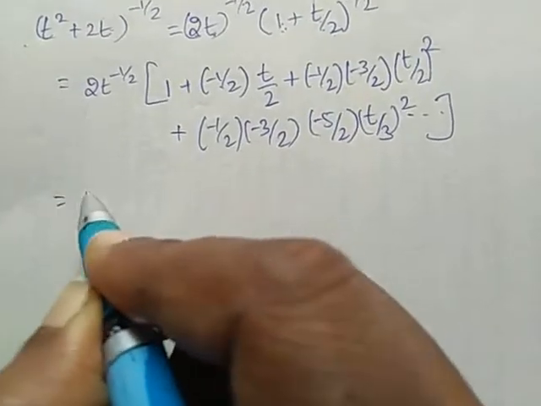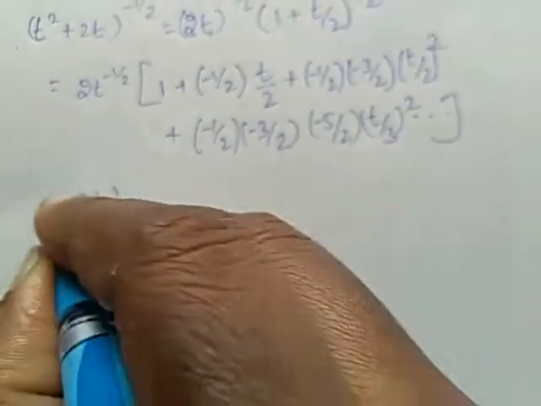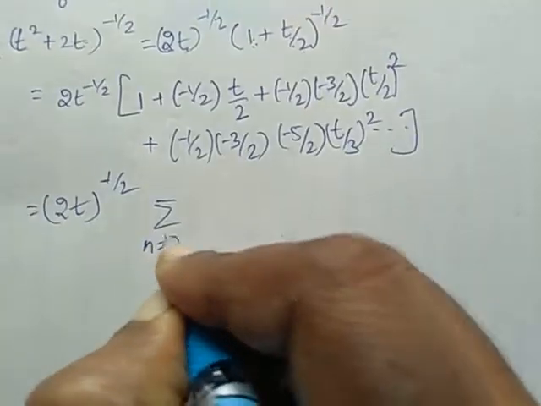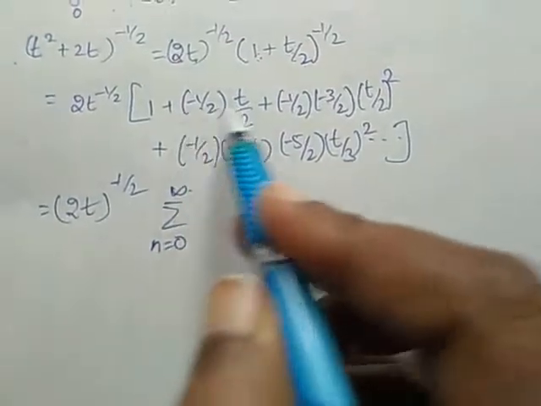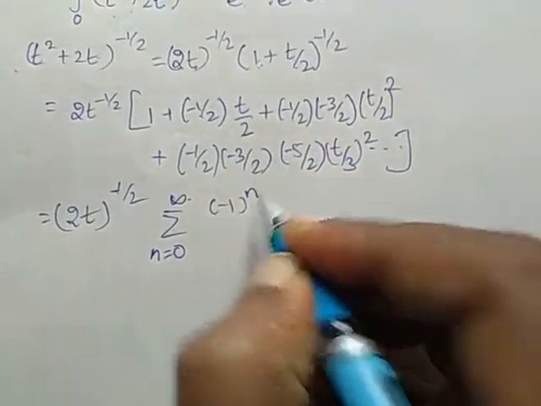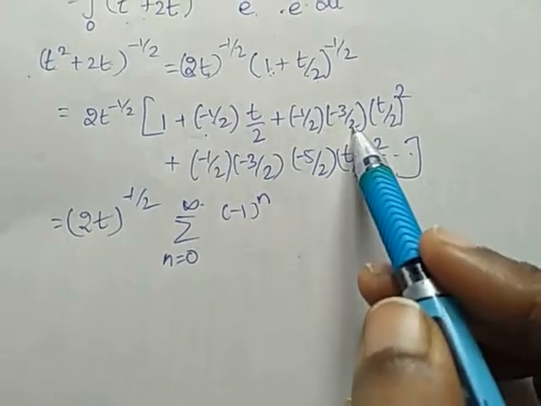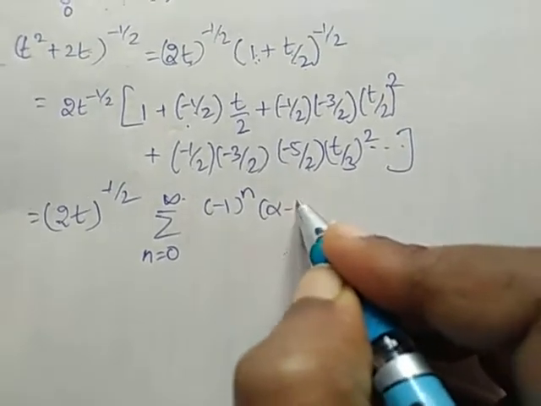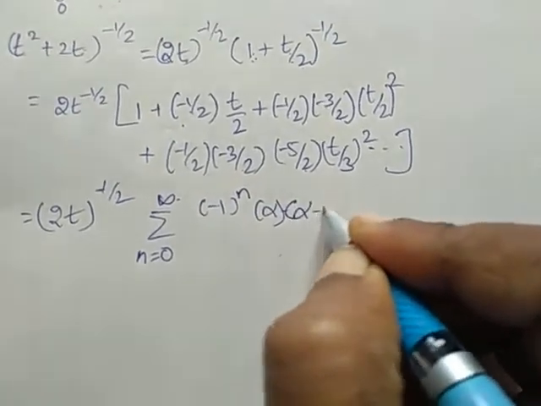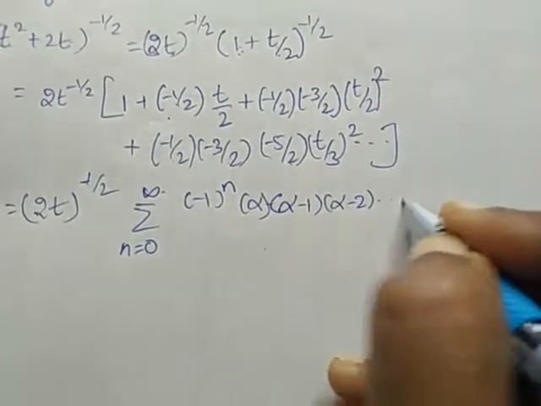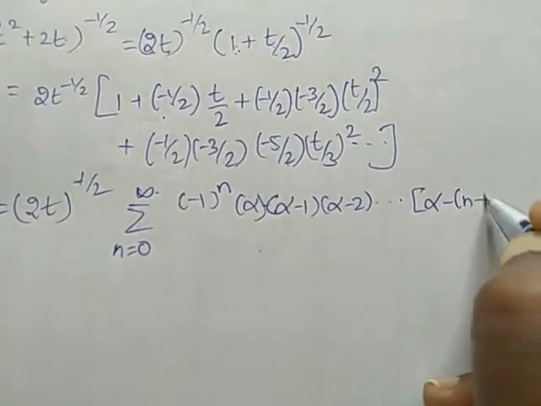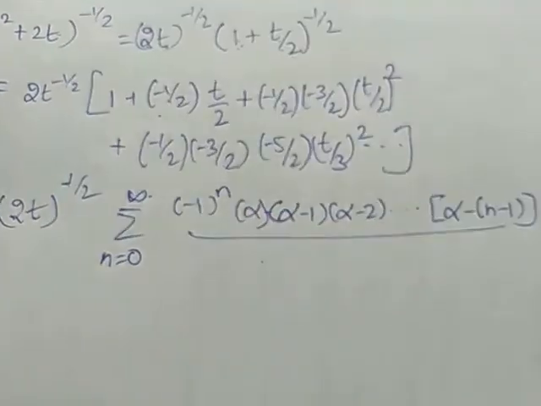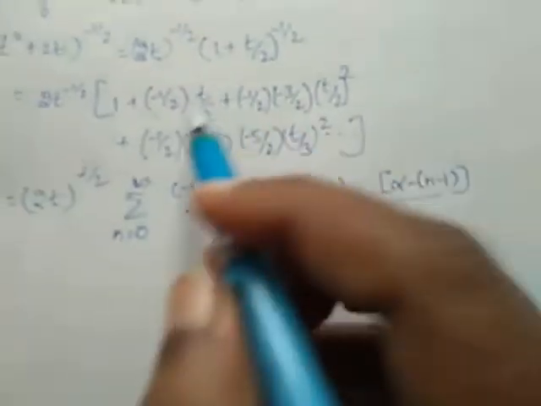Therefore this we can write as 2 into t to the power minus 1 by 2, summation of n equal to 0 to infinity. I am having alternate sign, therefore minus 1 to the power n. Here I am having alpha, alpha minus 1, alpha minus 2, etc., till alpha minus n minus 1 whole divided by... so what is our formula?